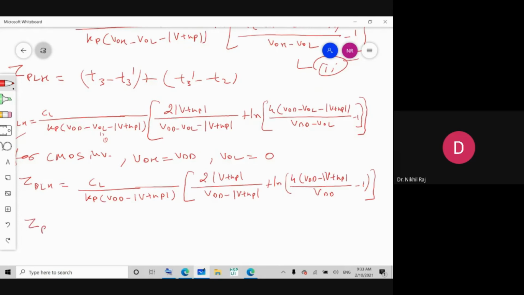Now if you recall TPHL equation. So TPHL was, I will rewrite that equation for the CMOS inverter. What it was? It was CL by Kn, VDD minus Vt of n.